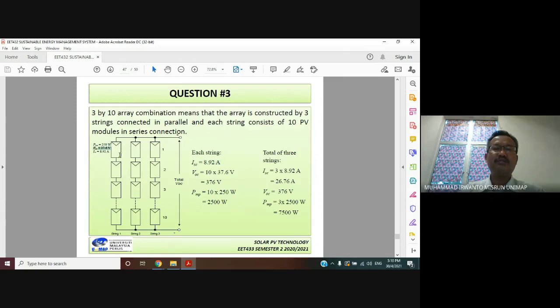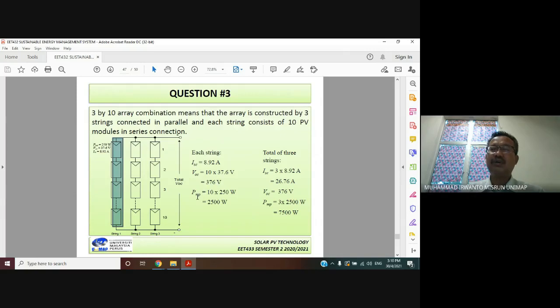Because we have 10 PV modules for one string connected together in series, and each PV module has an open circuit voltage of 37.6, the total voltage of one string is 10 multiplied by 37.6 volt, equal to 376 volt.